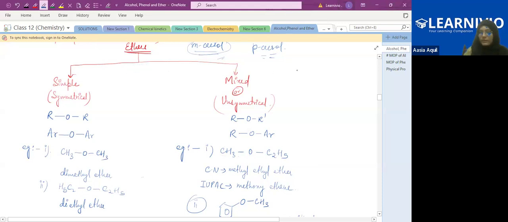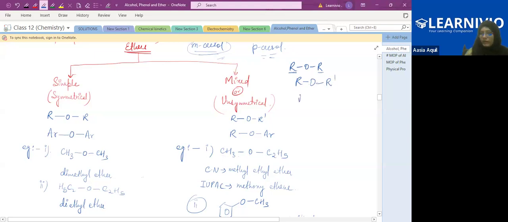Ethers could be your ROR group, which means this is a symmetrical type of ether where both R groups are the same. But this is also an ether where the R groups are different, so this is an unsymmetrical type of ether or mixed ether.